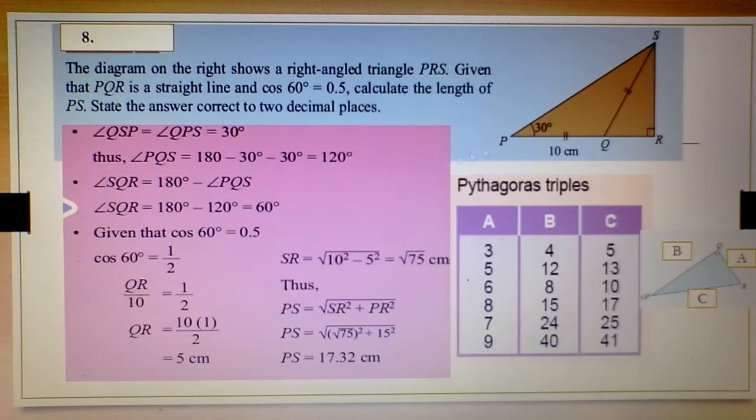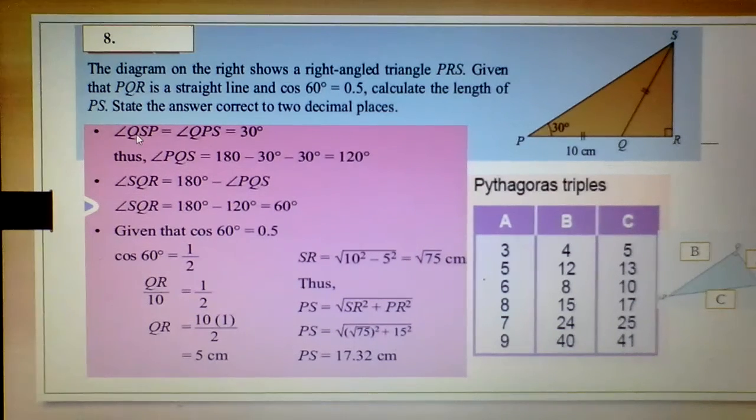Okay, number 8, the same question using the same concept, but here given cos 60 equals 0.5. Calculate the length of PS. State the answer correct to 2 decimal places. So from here, the length of PQ equals the length of QS, given here. So if the angle here is 30, angle QSP is also 30, because they are the same length.